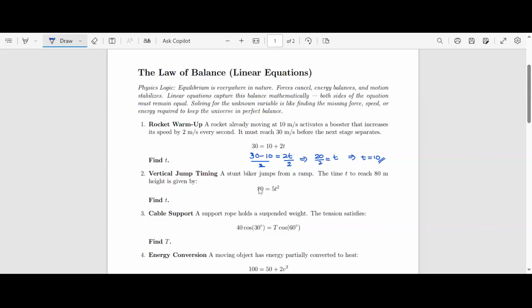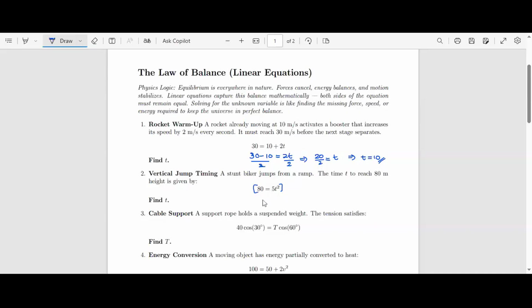Likewise, we have a quadratic equation here. It's a very simple quadratic equation. This is about vertical jump timing, and here also there is an equation. When you substitute in that equation, you'll get 80 equals 5t squared.